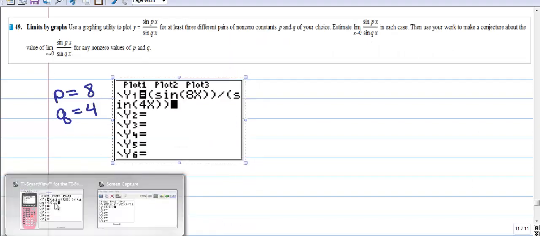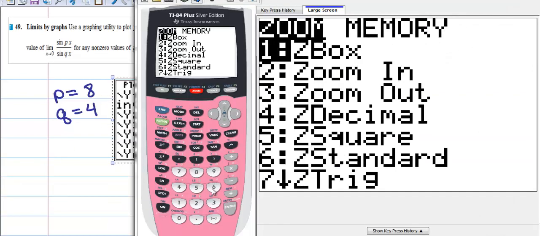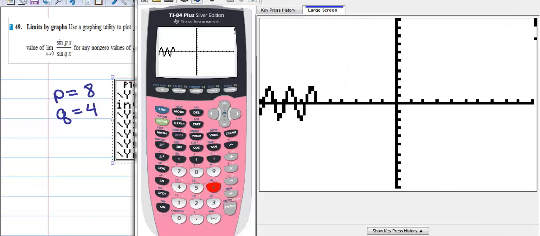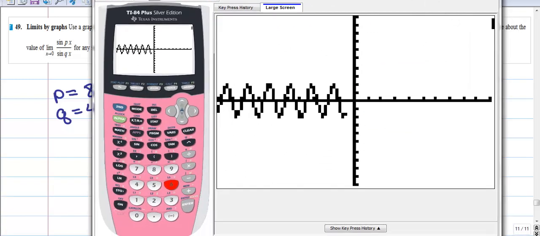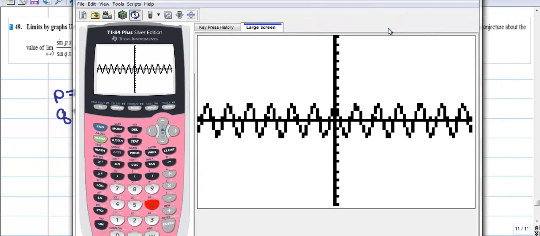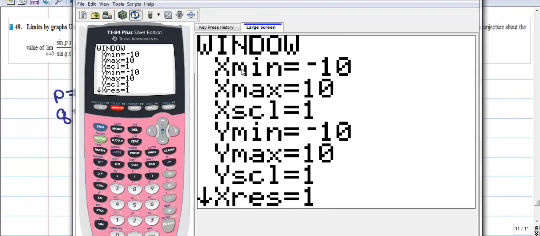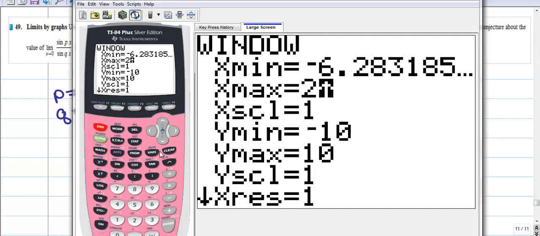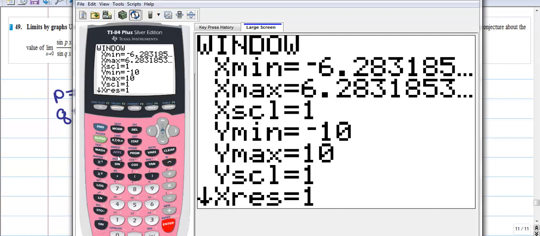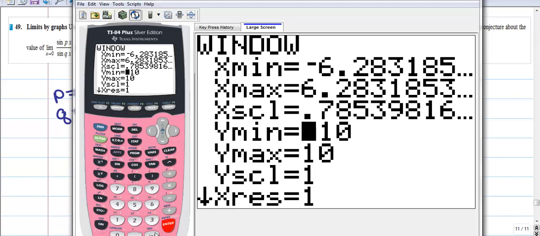I'm going to zoom this. See what happens here. It's going to bounce around, bounce around, bounce around. It doesn't give me a window range here, so I'm going to make my window range. I'm going to make my x's go from -2 pi to 2 pi because we're dealing with sine, and then I'll make this go by maybe pi fourths, and then maybe here -5 to 5.